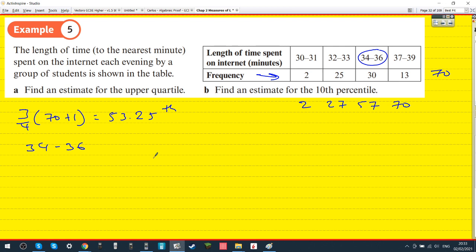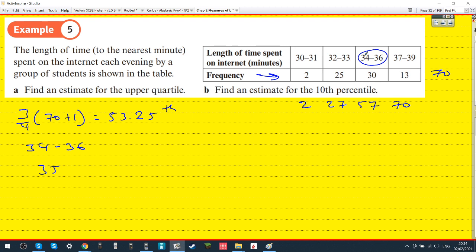Yeah, that's another estimate. So you could estimate that to be 35. You could also say, which will it be closer to? If it's person 53 out of, the end of that group is 57, then it started from 27. Will it be closer to 34 or 36? 36. Yeah, it'll be much closer to 36.